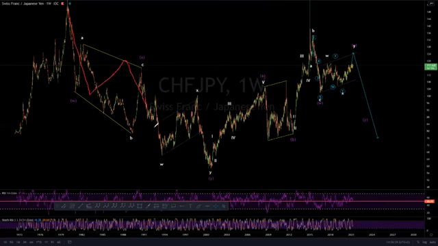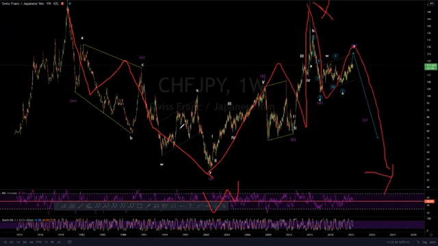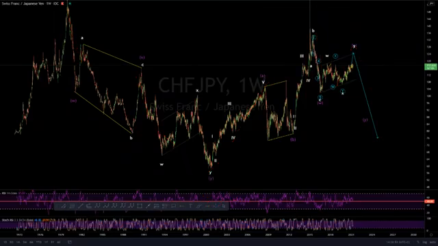This three wave to the downside is still in the same degree that I'm looking at. So if I were to label this one, this would be my bigger W in a super cycle, this here as an X, and I'll be looking at this structure for a Y. So I'm not worried about that for now. For now, I'll be looking at CHF Yen from here.